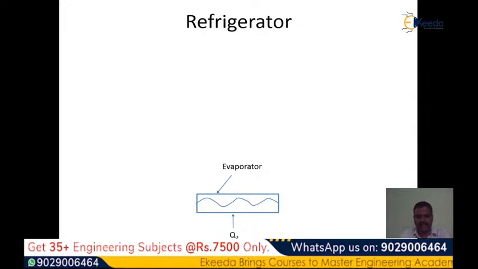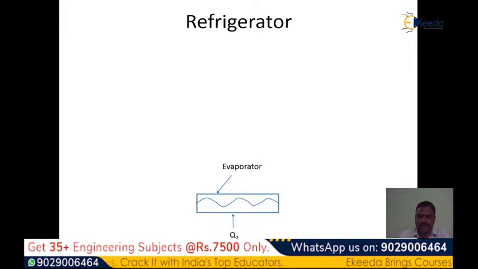But in this evaporator, by receiving Q2 amount of heat from the surroundings, phase transformation takes place from liquid to vapor. Here the temperature of the working substance, the refrigerant, is less than the temperature of the surroundings. So heat transfer takes place from the surroundings to that working substance.